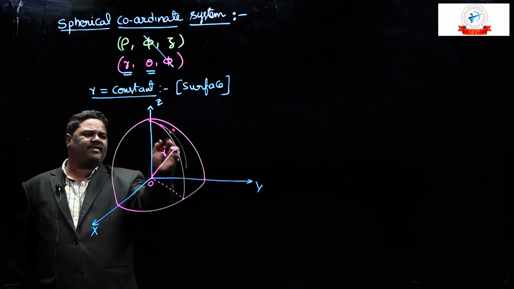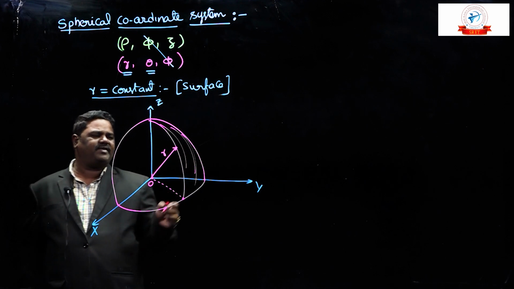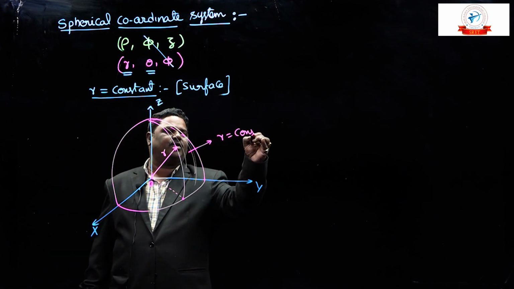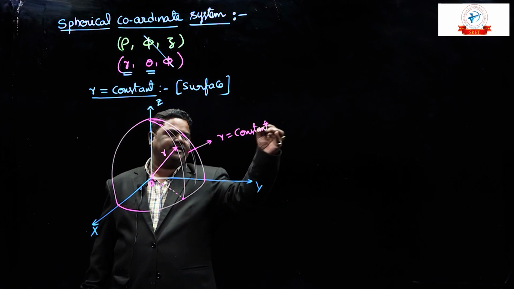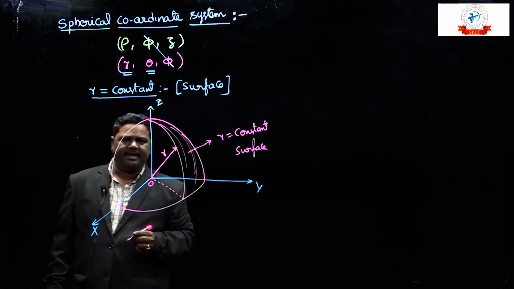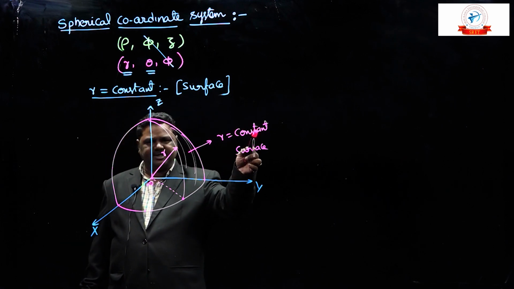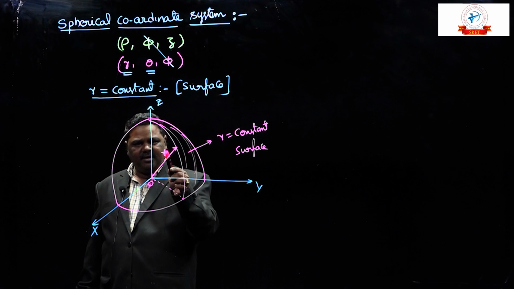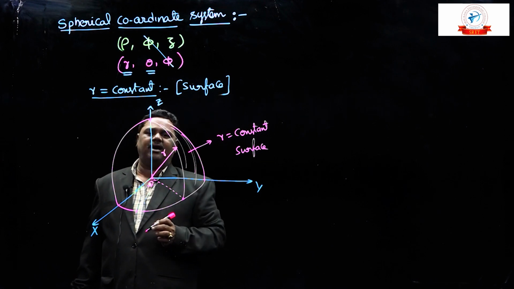The entire surface of the sphere is called the r is equal to constant surface. So simply, r is equal to constant represents the surface of a sphere when the radius of the sphere is r and the center of the sphere is the origin.